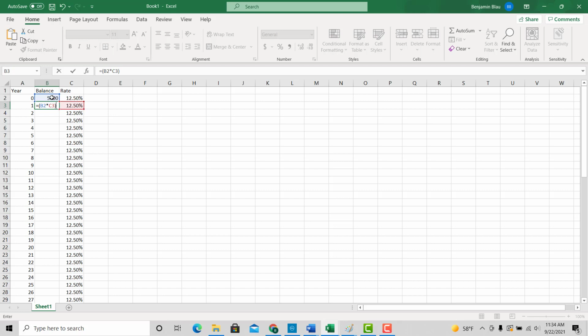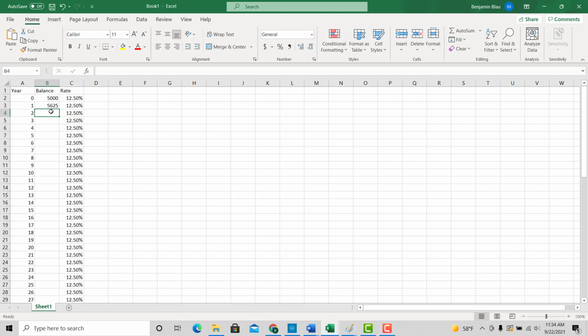But notice that I have to add back in the initial $5,000. In parentheses here, this is the interest that I'm going to get, and I'm adding back in the initial $5,000. When I hit enter, I'm going to have something more than $5,000. This is going to be $5,625. In other words, I got $625 of interest.